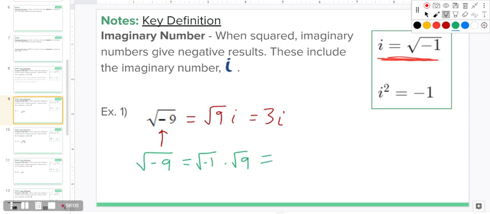So we can rewrite this as i times the square root of 9. You can take the square root of 9, which is equal to 3. So i times 3, and we would rewrite that just like we would with any other variable. We'd write it as 3i.